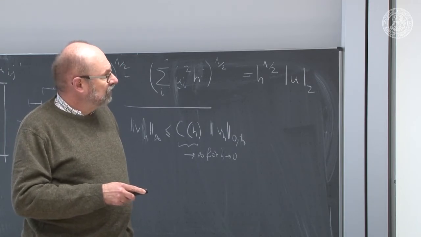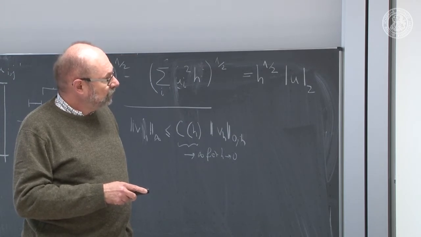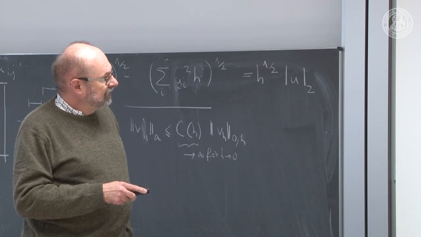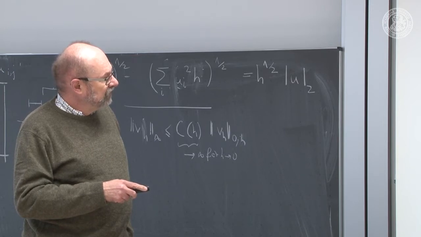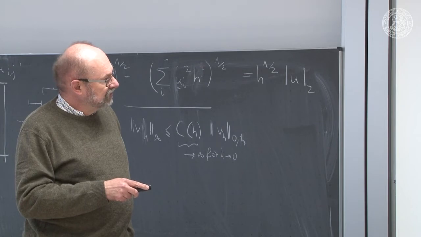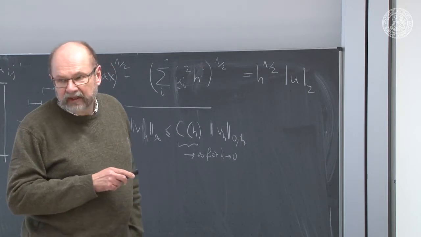So we have a solution of a linear set of equations, and the right-hand side behaves like a constant times, if we take, for example, the infinity norm, and here I take vector norms, so I only take one bar to distinguish this a little bit, a constant coming from the infinity norm of R times h squared.